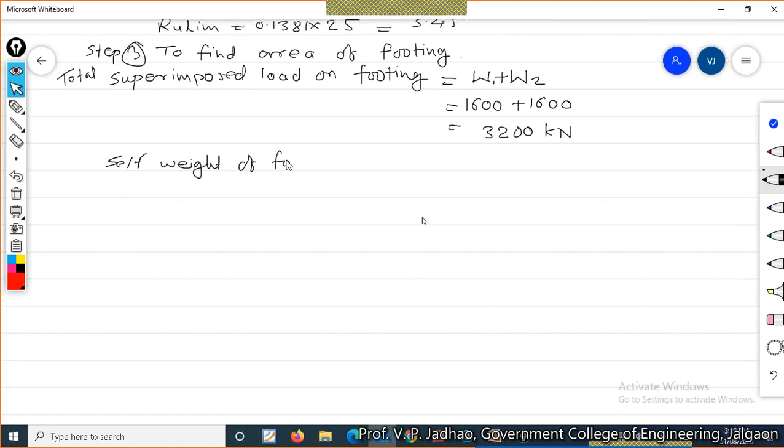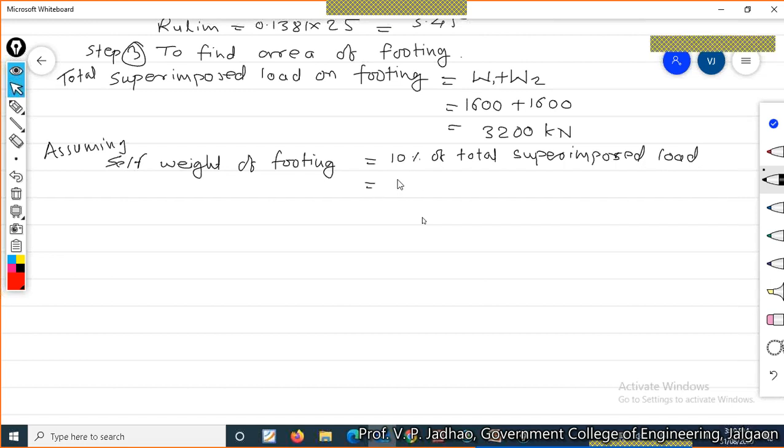We will be assuming that the self weight of the footing is 10% of the total superimposed load on the footing.